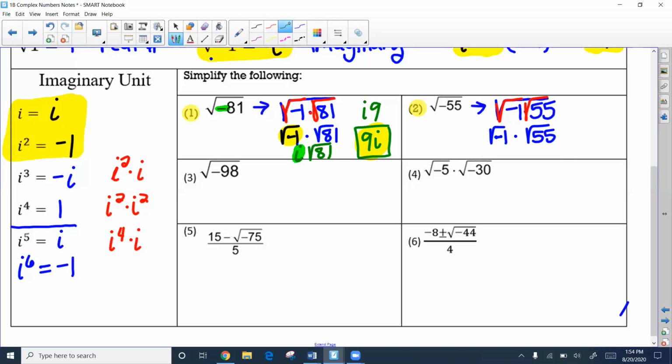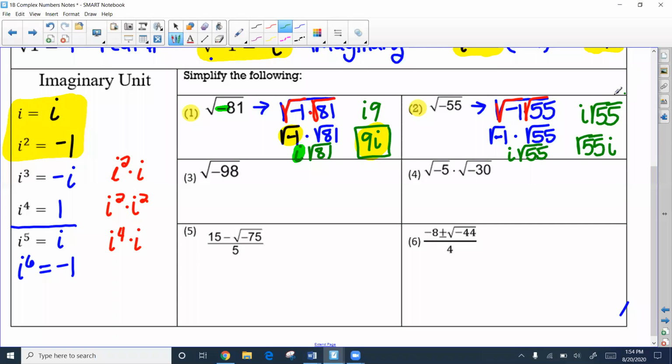And once again, square root of negative 1 is i. In this case, square root of 55 is not a perfect square, so it would stay under the radical. So you can write it as i square root of 55, or you can write it as square root of 55 i.